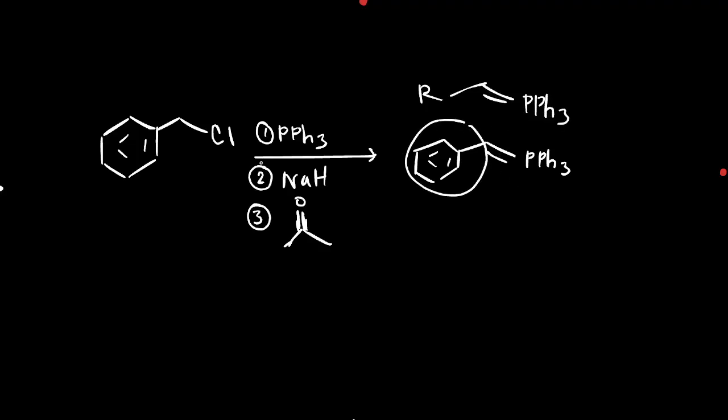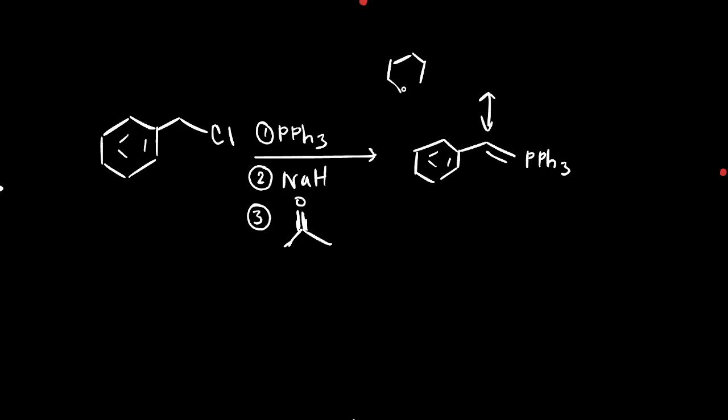If you'll remember, through the SN2, we'll actually lose the chlorine as the leaving group, so there won't be a chlorine in our actual Wittig reagent. So if this is our Wittig reagent, which again, if you want, we can redraw in its resonance form, where we end up with something like this: the lone pair, negative charge, PPh3, and a positive there.